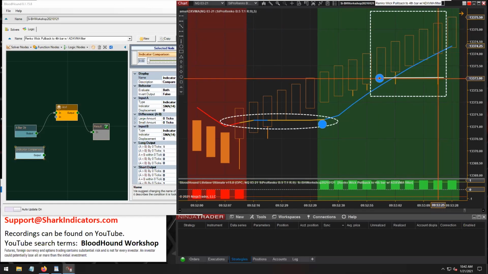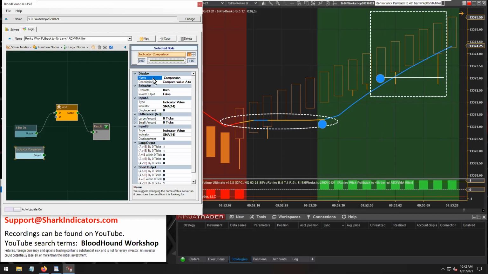So when this happens in real time, as the market pulls back, the closing price of this bar pulls back below the open of 4 bars back, or I'm sorry, the low of 4 bars back, right? That's the comparison that we're doing. We're comparing the closing price of this bar, the current bar, to the low price 4 bars back.